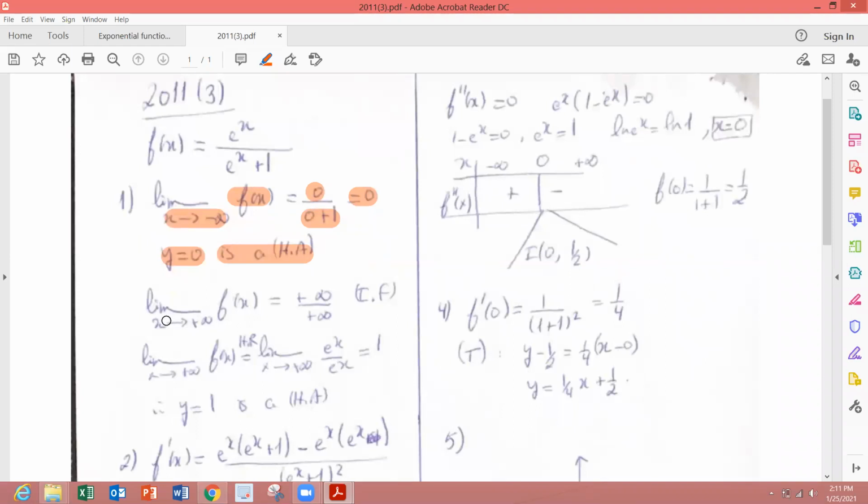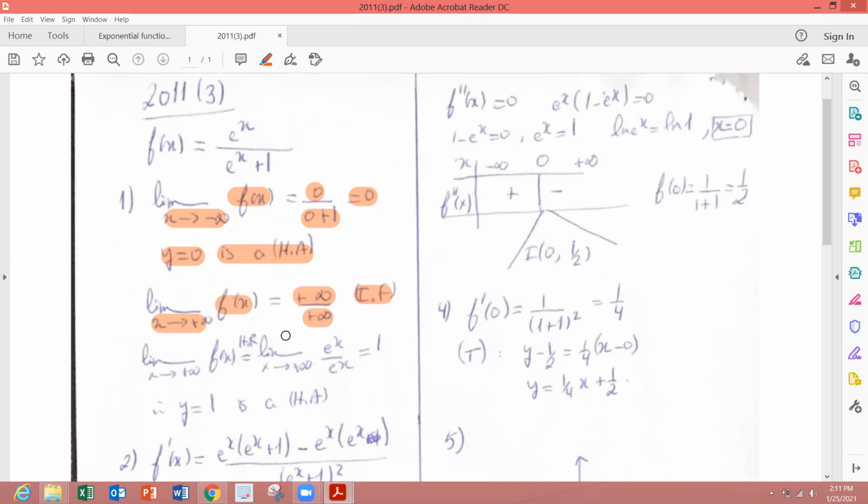Now the limit of f(x) as x tends to plus infinity. We get plus infinity over plus infinity: e to the plus infinity over e to the plus infinity, which is indeterminate.